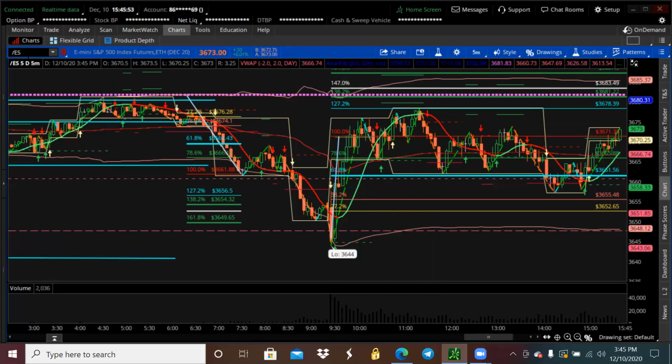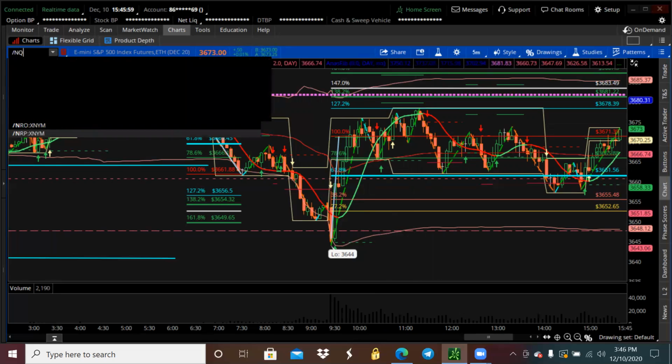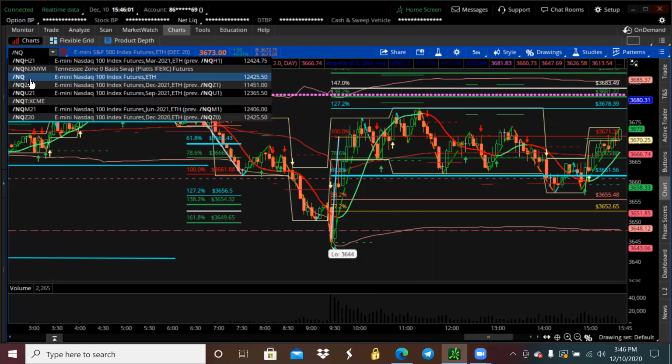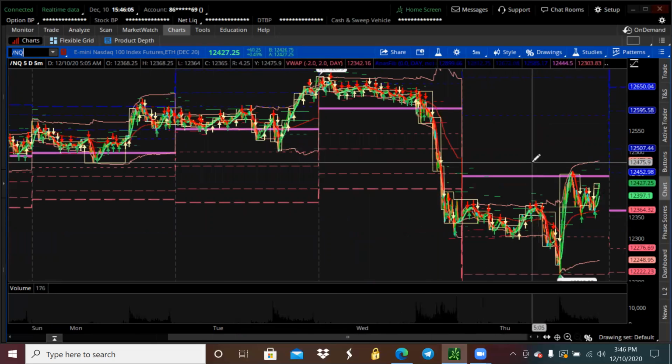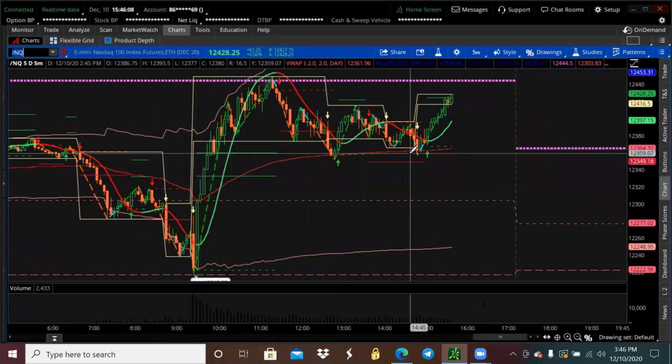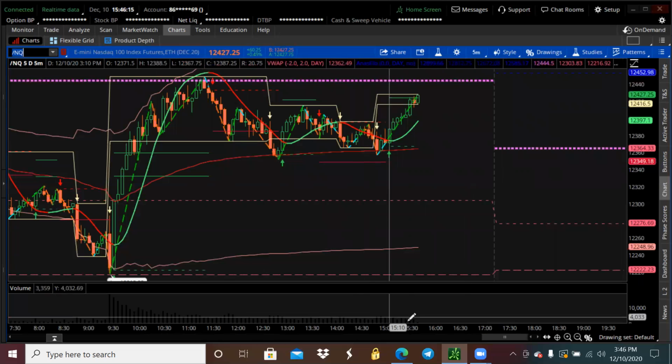So let's go look at NQ, because I love NQ. If you know anything about me as far as trading, NQ is my thing. So here's NQ. You don't pay attention to whatever arrow is in there. I mean, you can, but I don't.